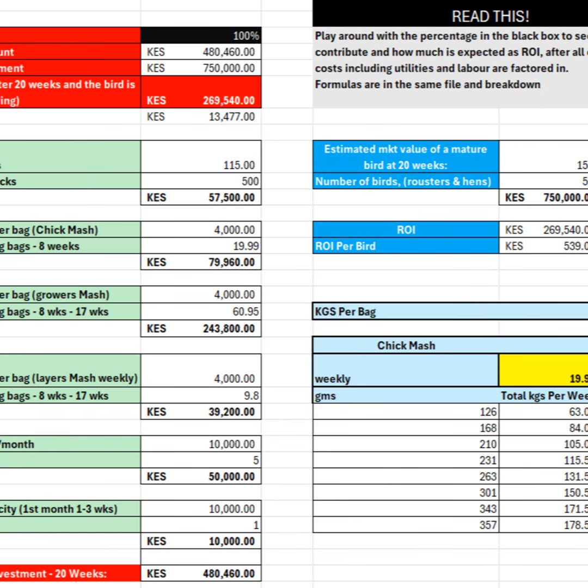I have 500 birds, zero mortality. This gives me 750,000 Kenya shillings as my total return on investment. But I have to subtract the amount I have spent to make this 750, which was 480. So that means my net return on investment is now 260,000 Kenya shillings.